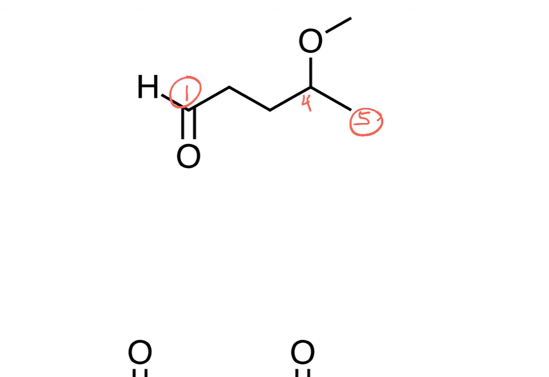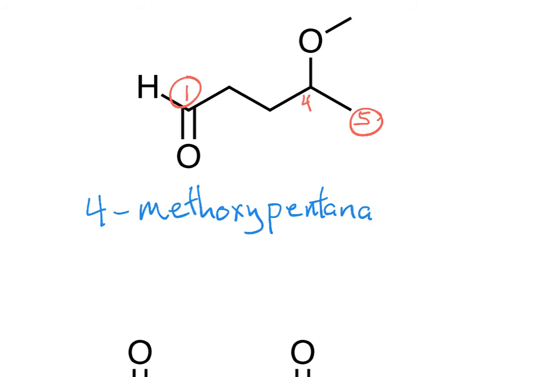We're going to have 4-METH for the 1 carbon in the ether branch, OXY for the ending of that ether branch. Then it's a 5 carbon chain, so it's pent, and it's singly bonded, so it's AN. And then I use the AL ending for the aldehyde, so 4-methoxypentanal.